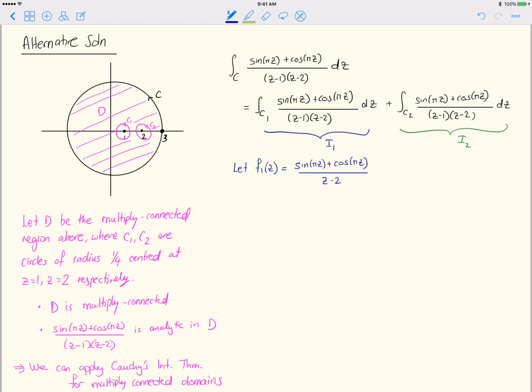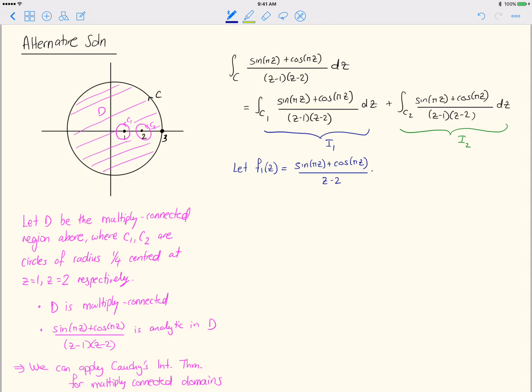Now, can you see that f1 is going to be analytic inside C1? Because the only place where f1 is not analytic is when z equals 2, and the way I've drawn my diagram, C1 avoids z equals 2.